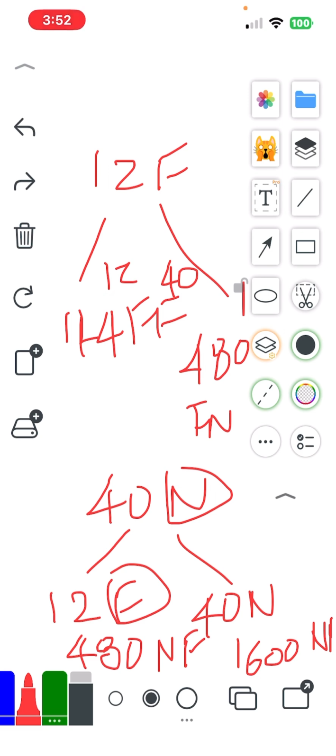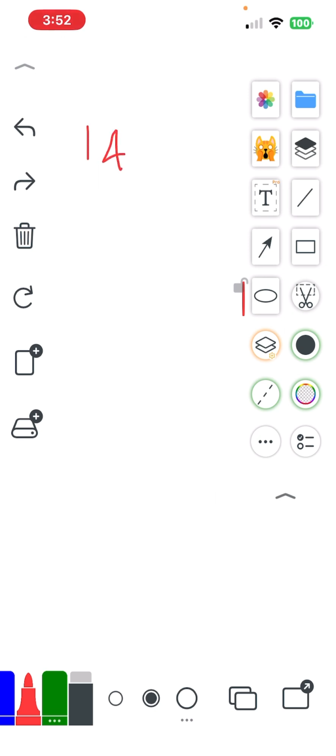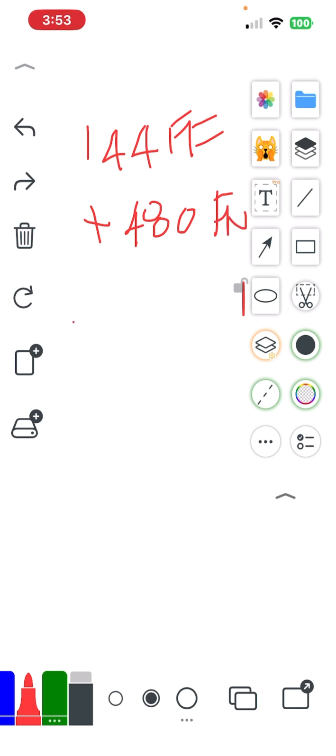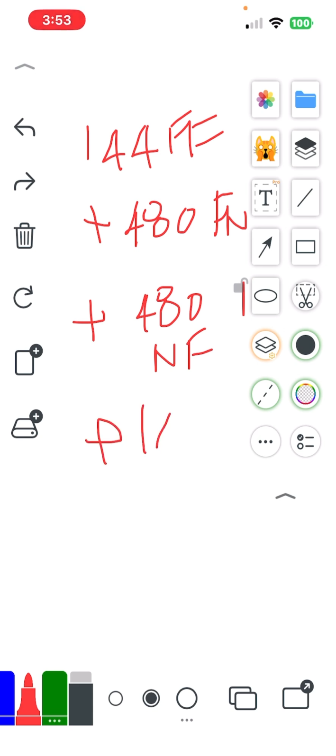So we know that you had a total of 144 face, so FF, plus 480 face and without face, a combination of face cards and without face cards, so FN, plus 480, again a combination of face cards and not face cards, so NF, because the first draw was a not face card and the second draw was a face card. Plus you have 1600 non-face cards.